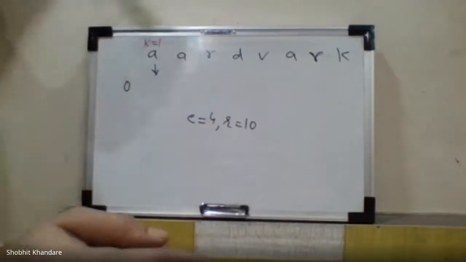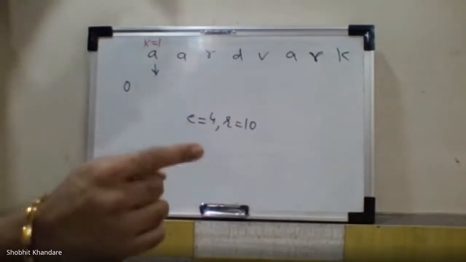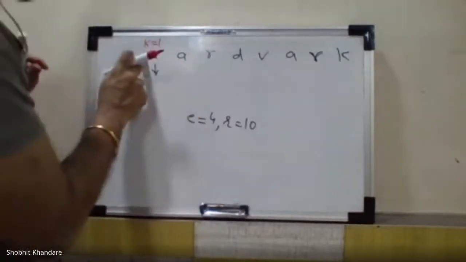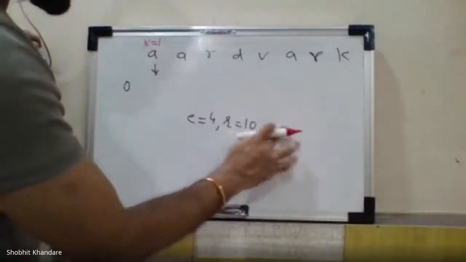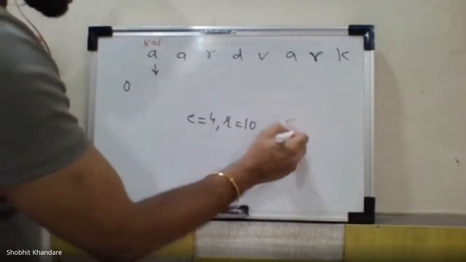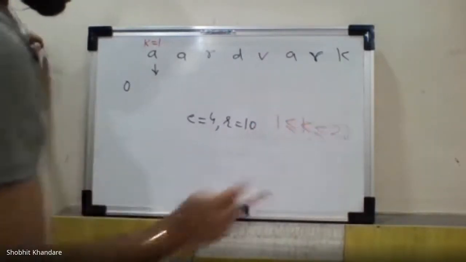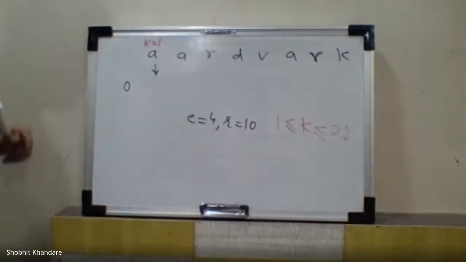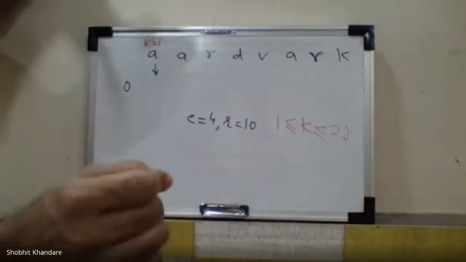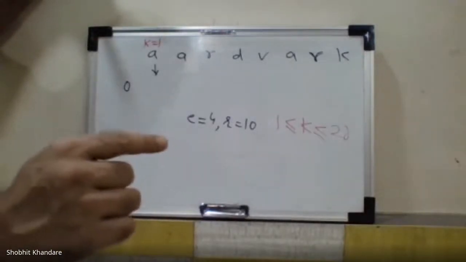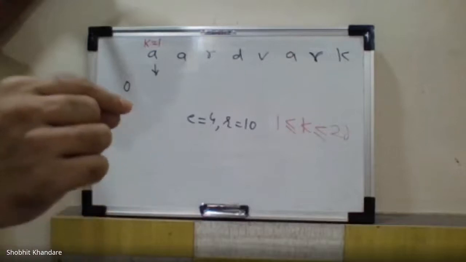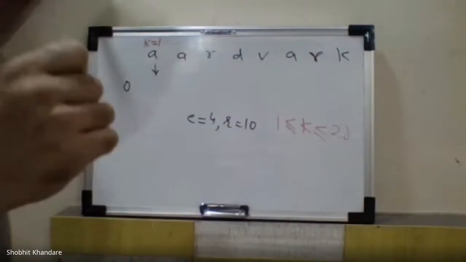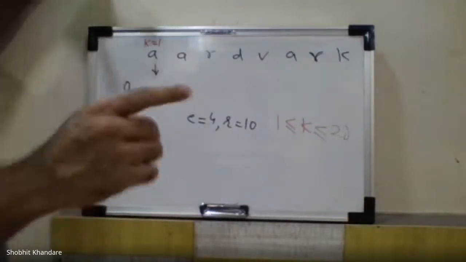Yes, it will fall into this category. So if it falls between 1 and 2R, then E plus 1 bits are used to represent K minus 1.